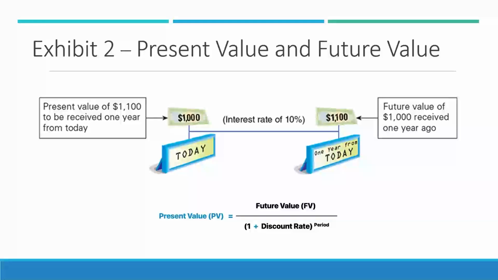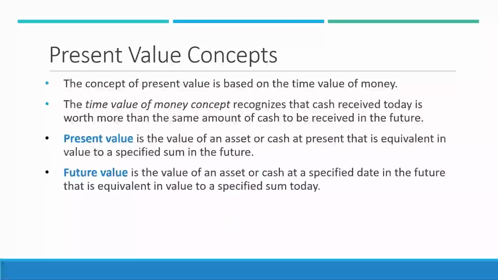In the formula here, at a 10% interest rate, $1,000 today is worth $1,100 in a year, and a future value of $1,100 is worth $1,000 today.